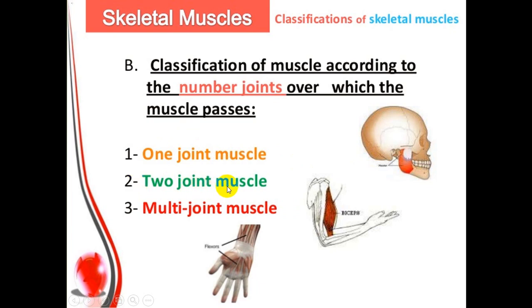For example, rectus femoris in the lower limb crosses two joints, and sartorius crosses two joints. Then the long digit muscles, flexor digitorum longus and extensor digitorum, cross many joints. The main action is on the joint which is closer to the insertion, but they act as synergists or accessory muscles for the other joints.